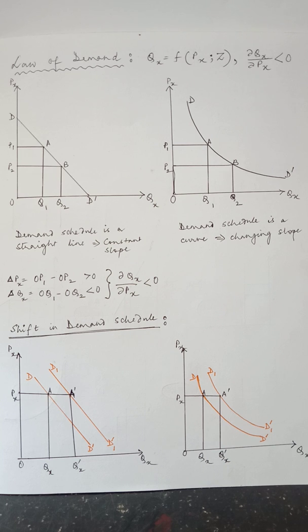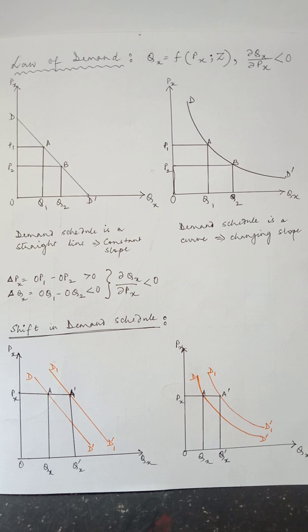So the demand curve will always slope downward from the left to the right, a downward sloping demand curve, as we say. So it will go from the left upward corner to the right downward corner.